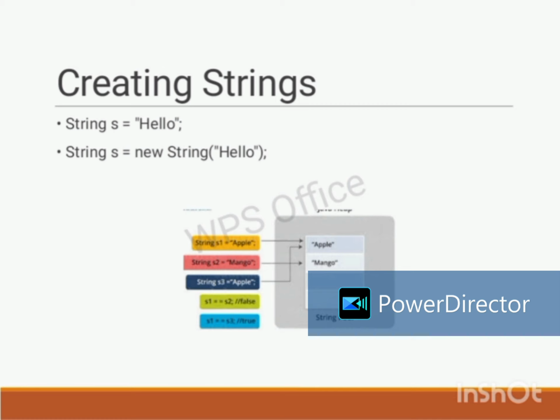Second one, using the new keyword. You can also create a string using the new keyword. This creates a new object in memory even if the content is the same as an existing string. So it won't reuse the one in the string pool unless explicitly intended. Why does this matter? Because comparing s1 and s2 using double equals will return false.